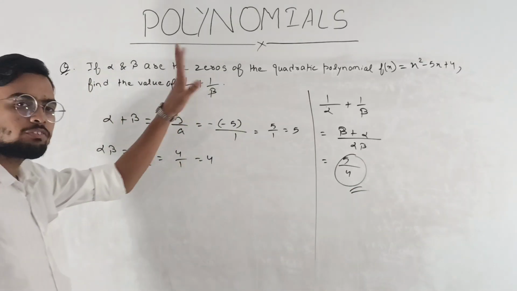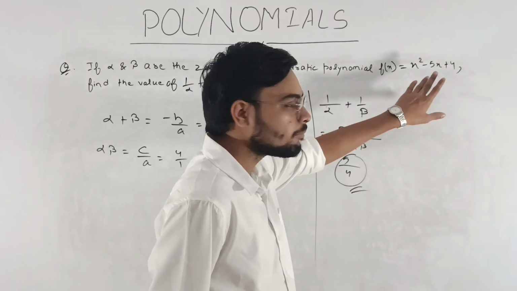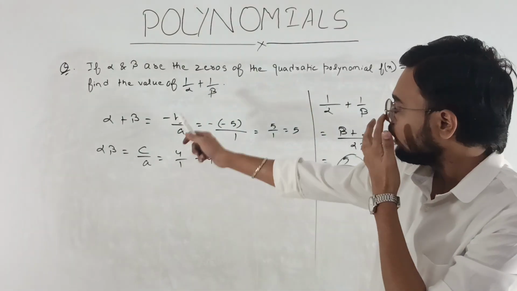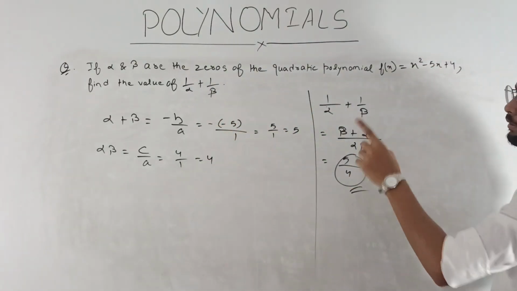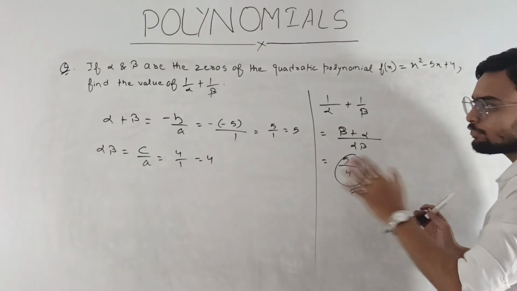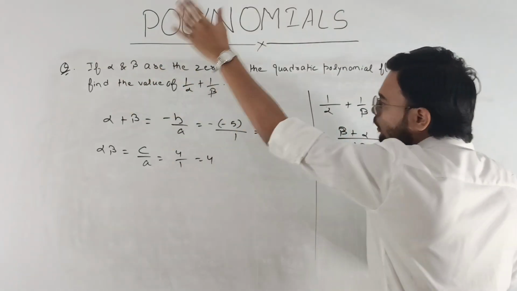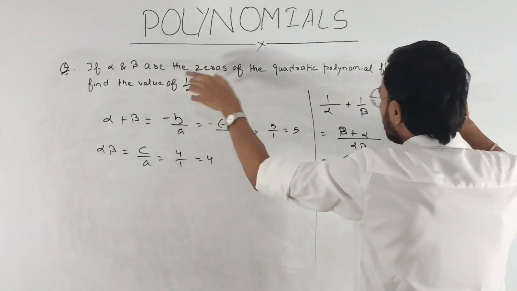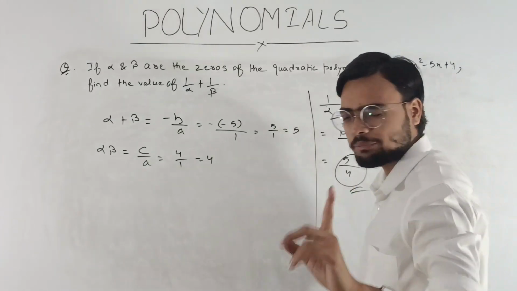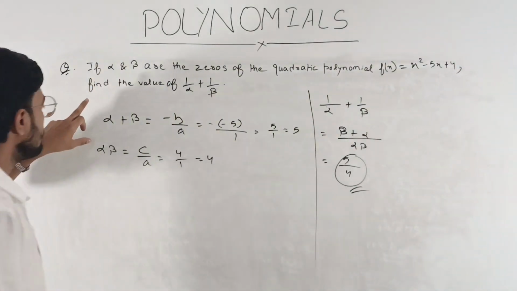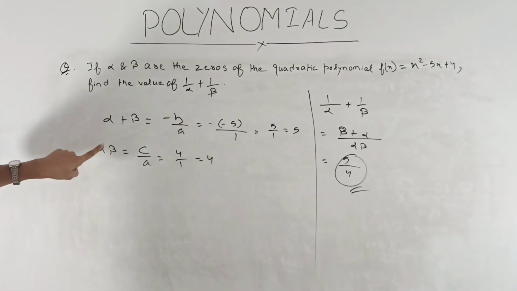Question is: if alpha and beta are the zeros of the polynomial x square minus 5x plus 4, then we have to find 1 upon alpha plus 1 upon beta. First I forgot this line; I only read this one. Alpha beta are the zeros of the polynomial. In the first step, I find the sum of roots and the product of roots.